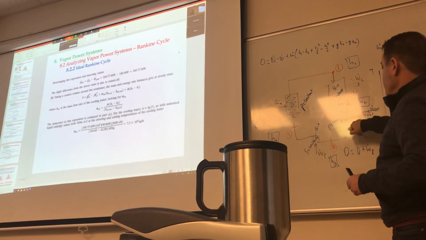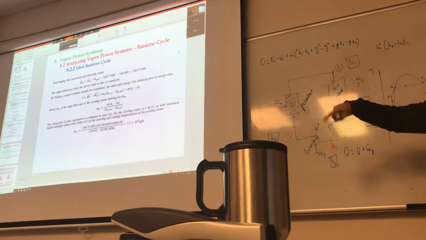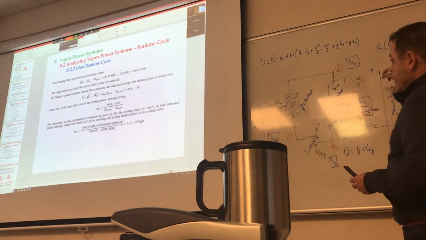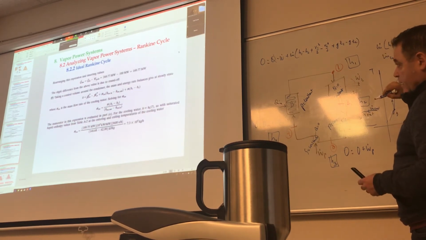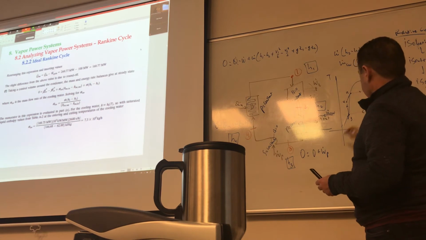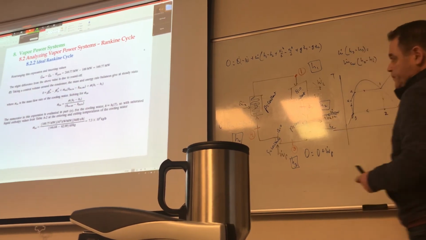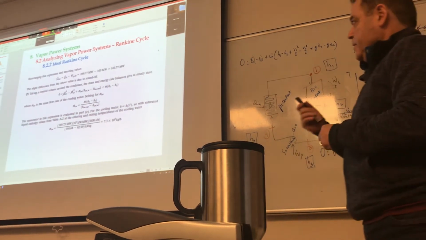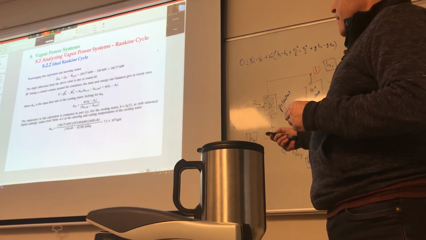That's the Q out of the condenser, but the Q out of the condenser has to be taken out by the cold fluid that's coming in. And the cold fluid will have mass flow rate of the cold fluid times enthalpy out minus enthalpy in. When you do that, then you can figure out the mass flow rate of the cold water.